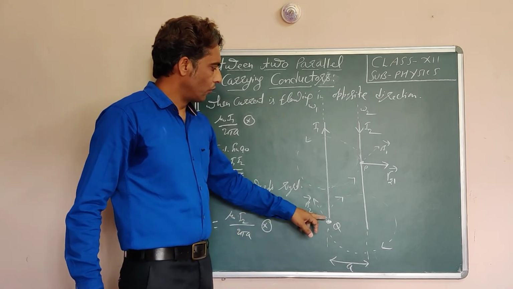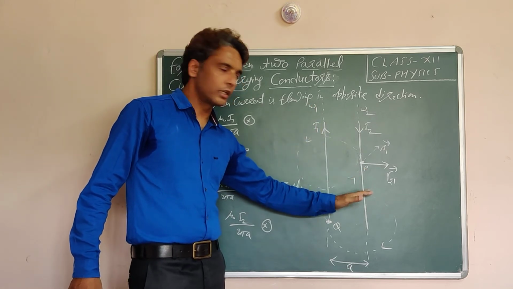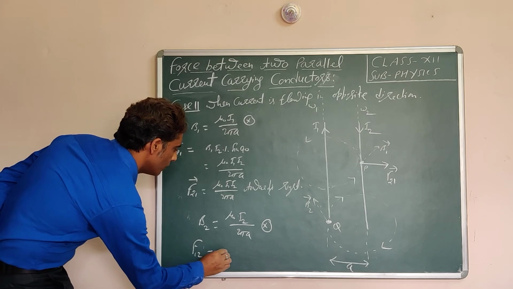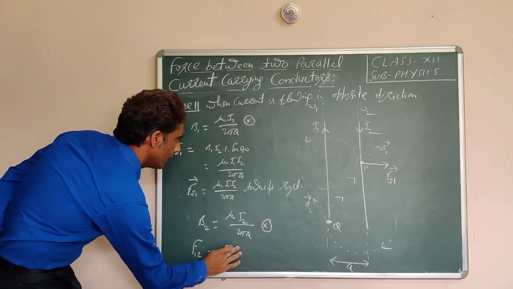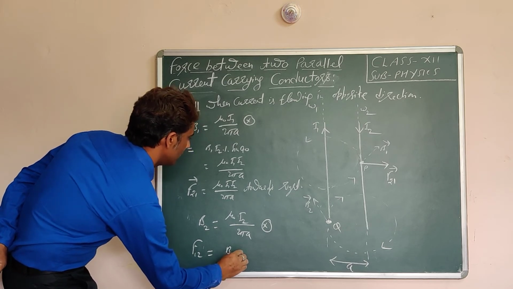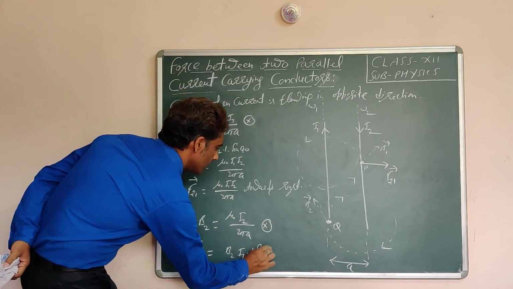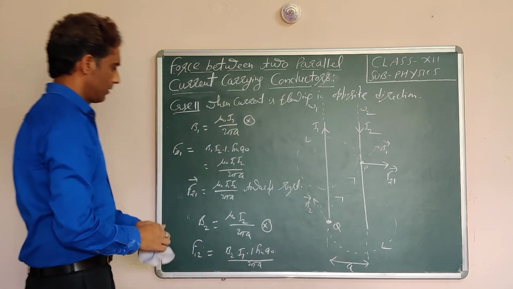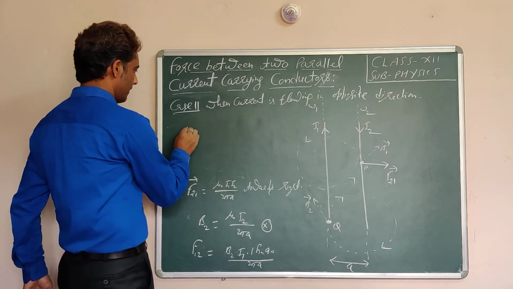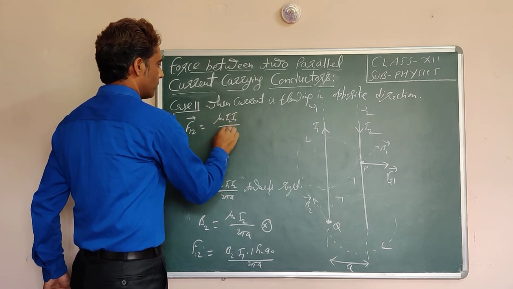If we write force on conductor carrying current I1 due to magnetic field of conductor carrying current I2, then let that force per unit length be F12, and F12 is equal to B2 I1 into 1 sine 90, that is, in vector form, F12 is equal to mu naught I2 I1 over 2 pi a.